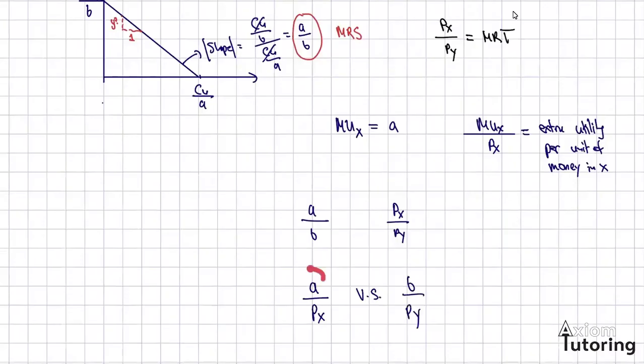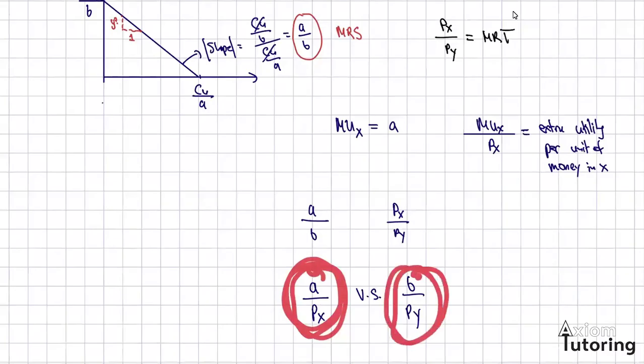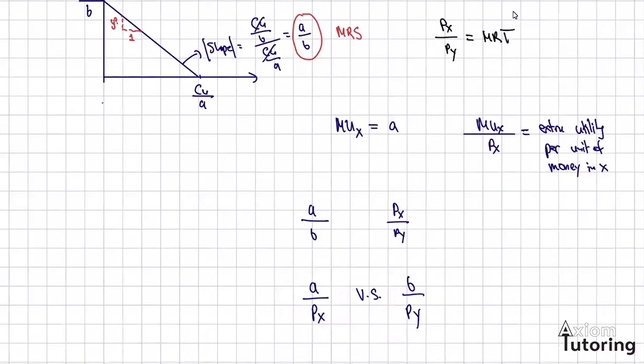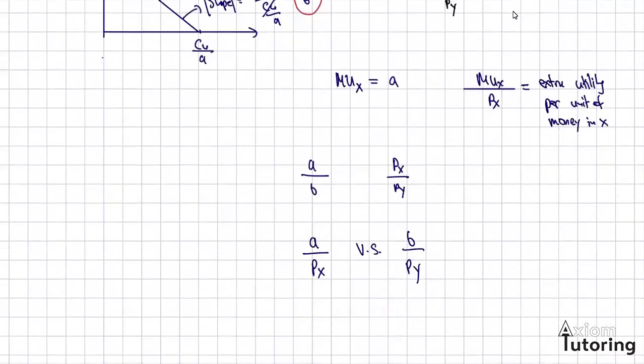This is the extra utility that you get for 1 unit of money invested in X, and this is the extra utility you get for 1 unit of money invested in Y. And where will you spend your money? You spend your money where you get the most value for every pound that you spend. And therefore, if A over Px is greater than B over Py, the optimal corner solution is to spend all your money on X, and vice versa.